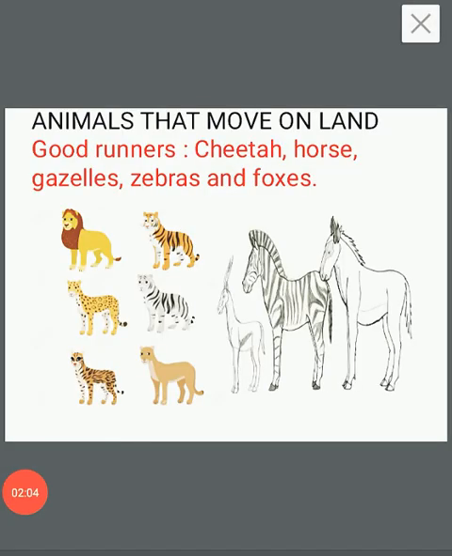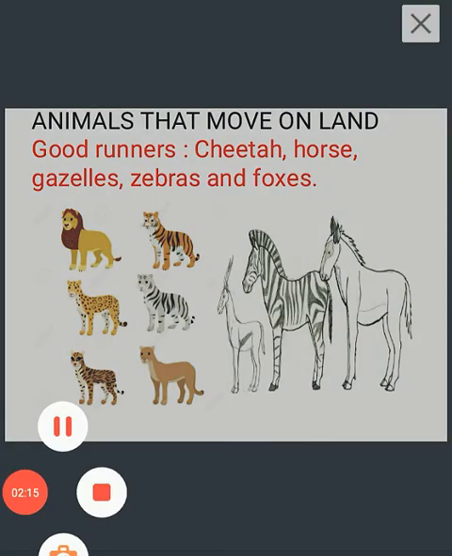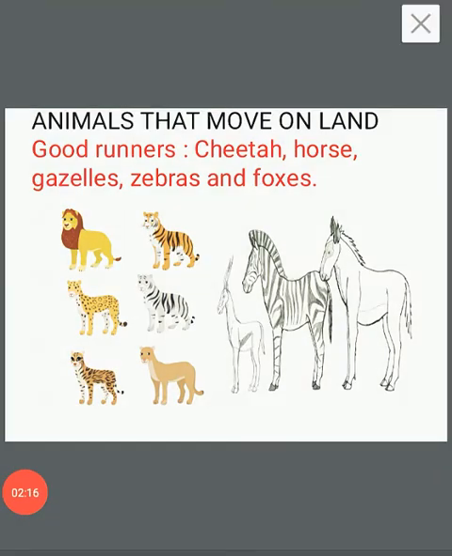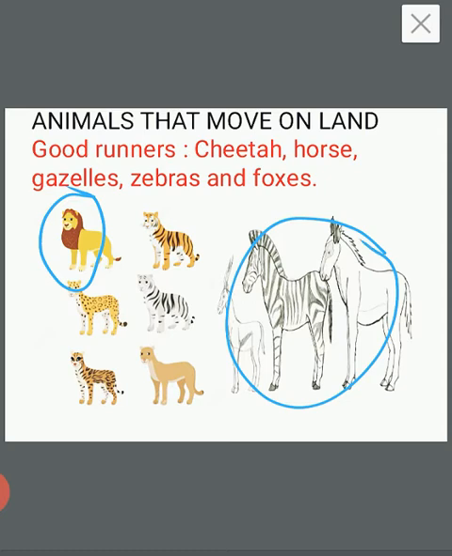The first one we have here are the good runners: cheetah, horse, gazelles, zebras and foxes. So children, can you identify these animals? Yes, you can. Here is a lion, here is a horse. I know you all will be able to identify these fast runner animals.